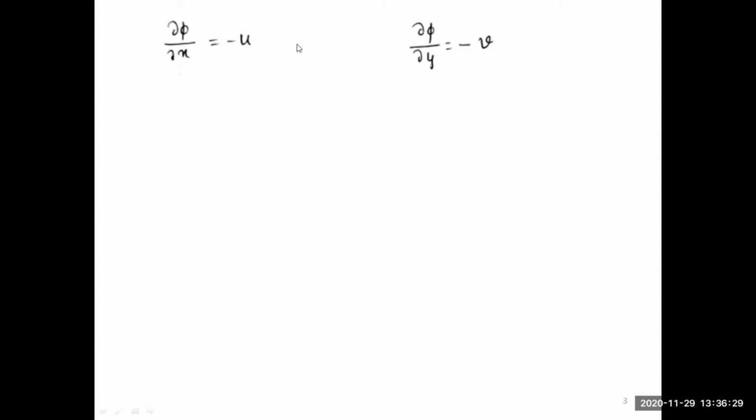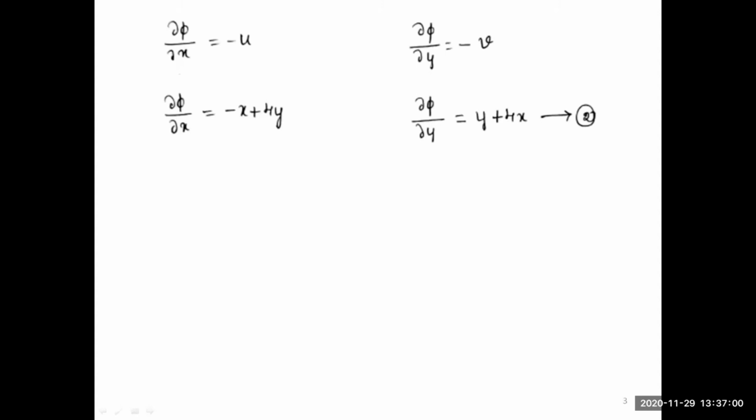We already have the u and v values, so you equate them. It will be dou phi by dou x is equal to minus x plus 4y and dou phi by dou y is equal to y plus 4x.